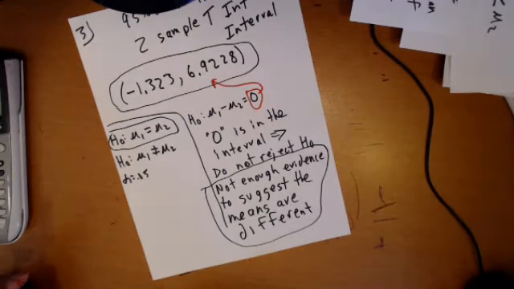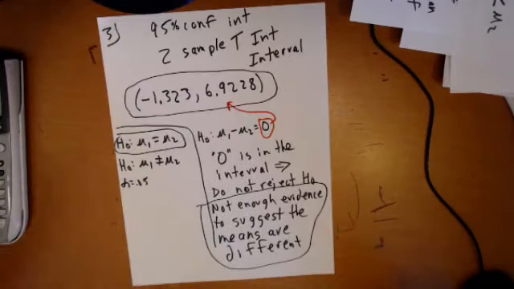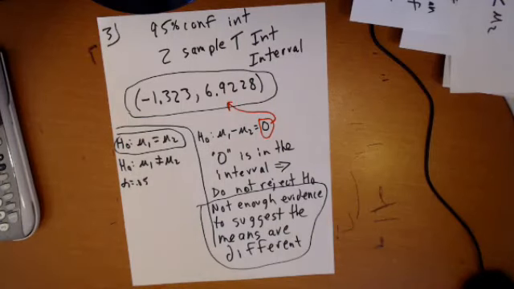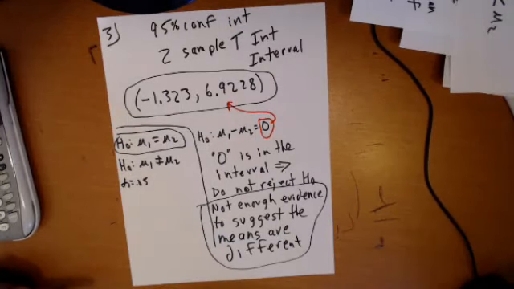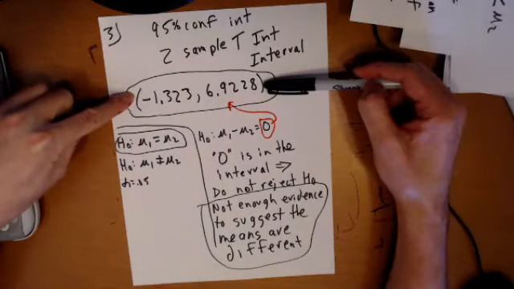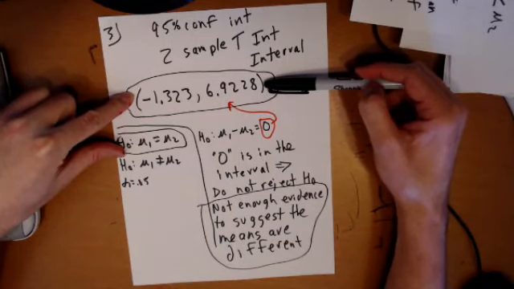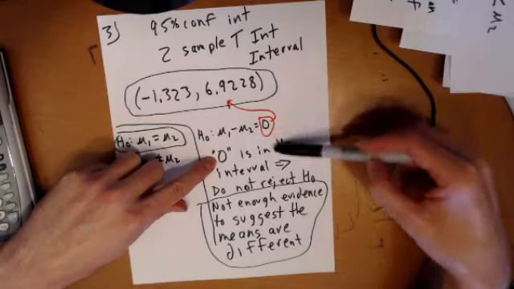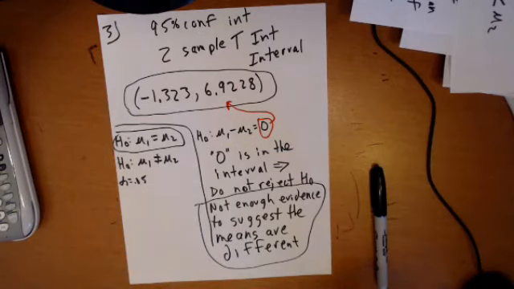Okay, let's see if this made any sense. Let's go back. Based on your confidence interval, is there any statistically significant difference between the means? Explain your reasoning. What are you looking for in the interval? Okay, so here's my confidence interval. Because 0 is in the interval, so maybe you just put the word because there.